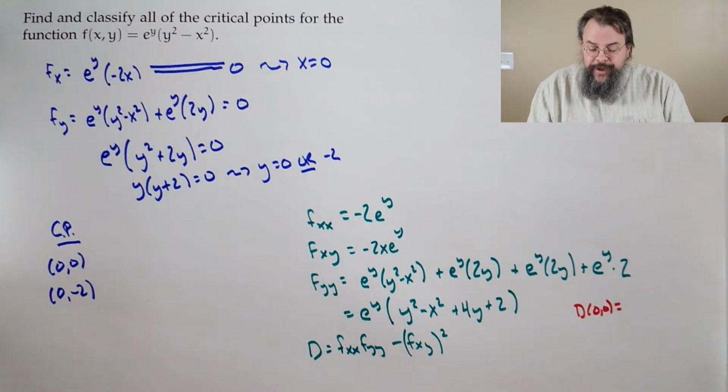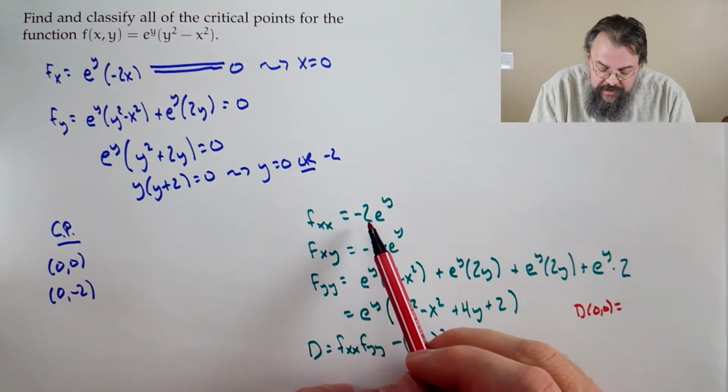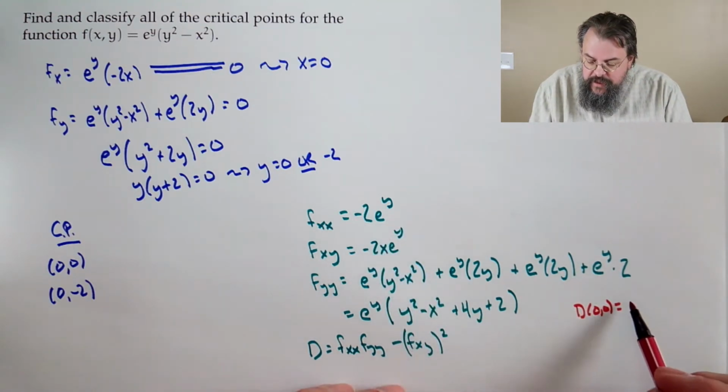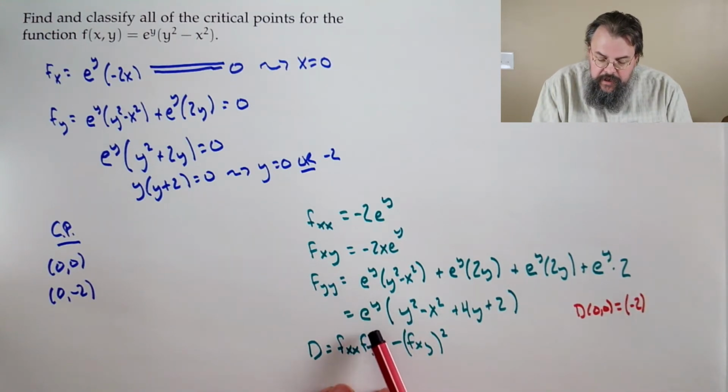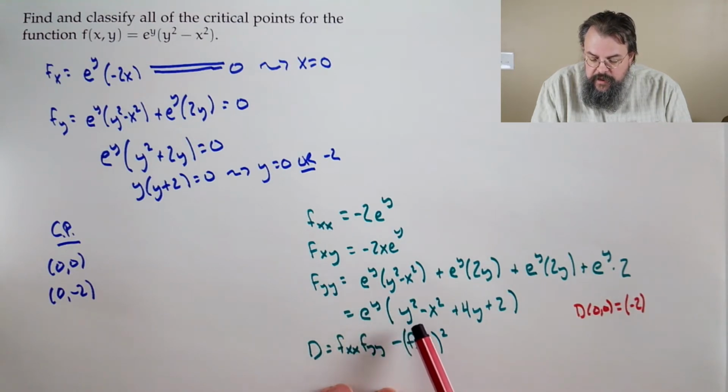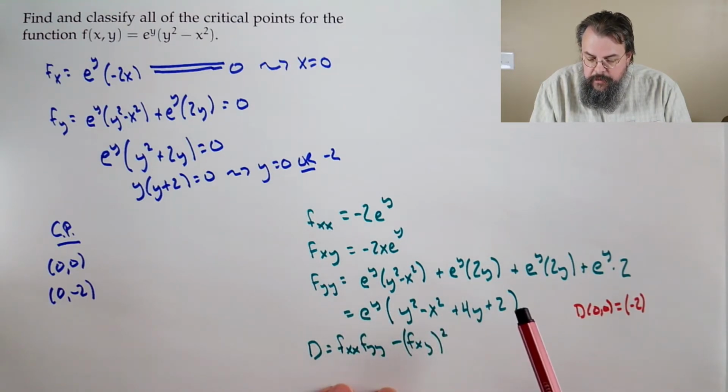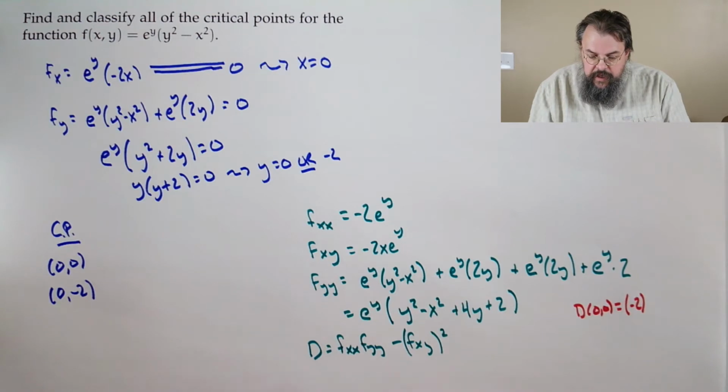Nice. All right, how about the f_xx? Minus 2e^0, that's minus 2. Now f_yy, okay, well, that's e^0, it's 1, times 0, 0, 0, plus 2. Okay, so it's a plus 2.